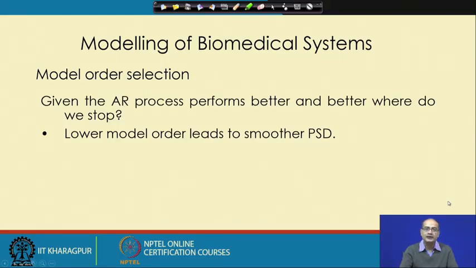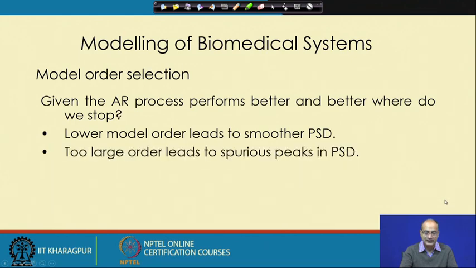The first thing to note here is that a lower model order leads to a smoother PSD. We get a smooth PSD, but if it is not appropriate, then by over smoothing we may lose some prominent peaks. Now, if we keep on increasing the model order, what will happen? We would get a number of spurious peaks, which will be specific to that ensemble.